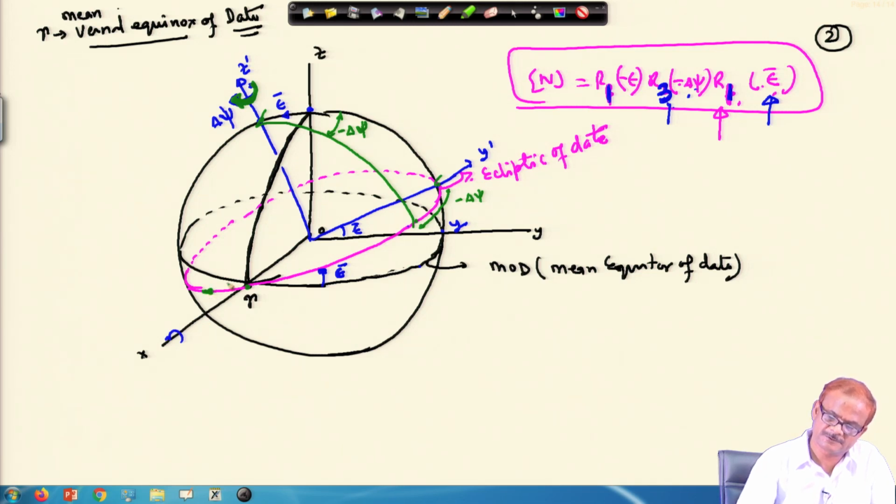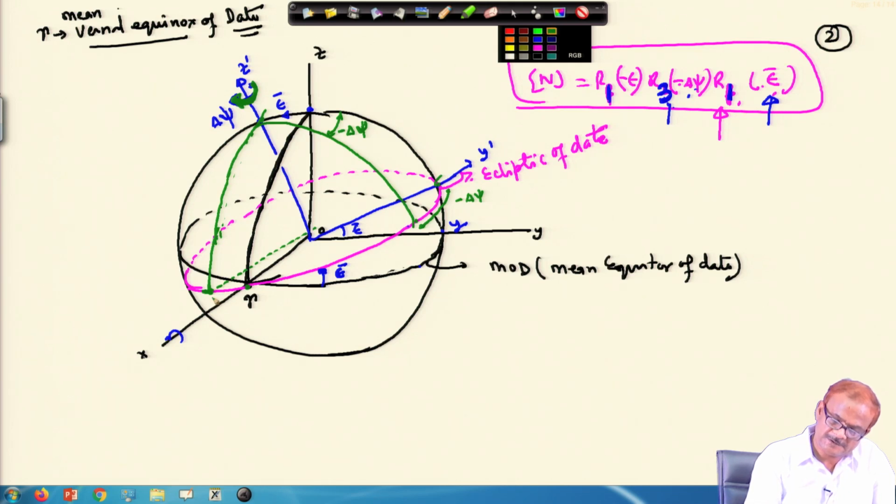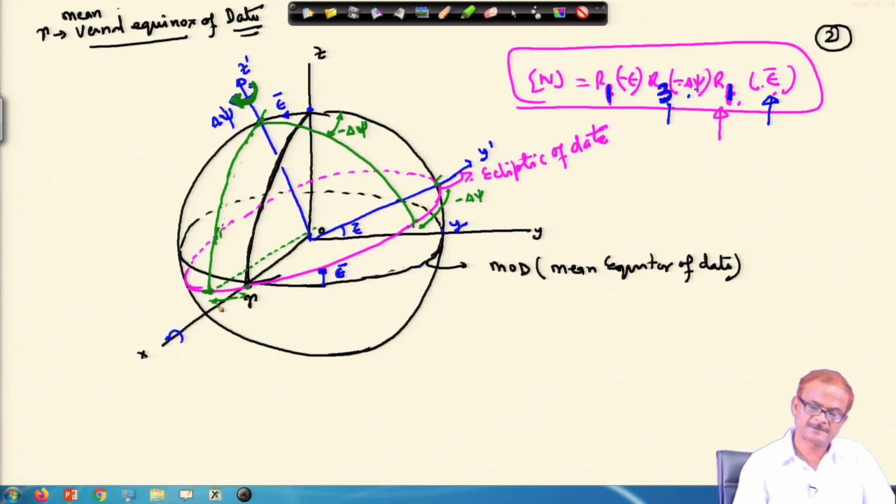So, it goes here somewhere, say, and from this point to this point we can connect it. So, this is your delta psi, from this place to this place, this is delta psi.